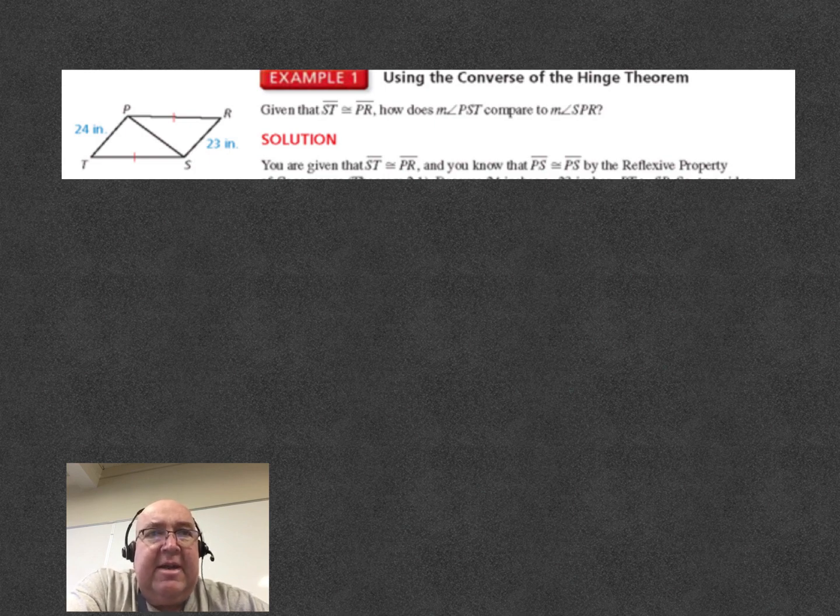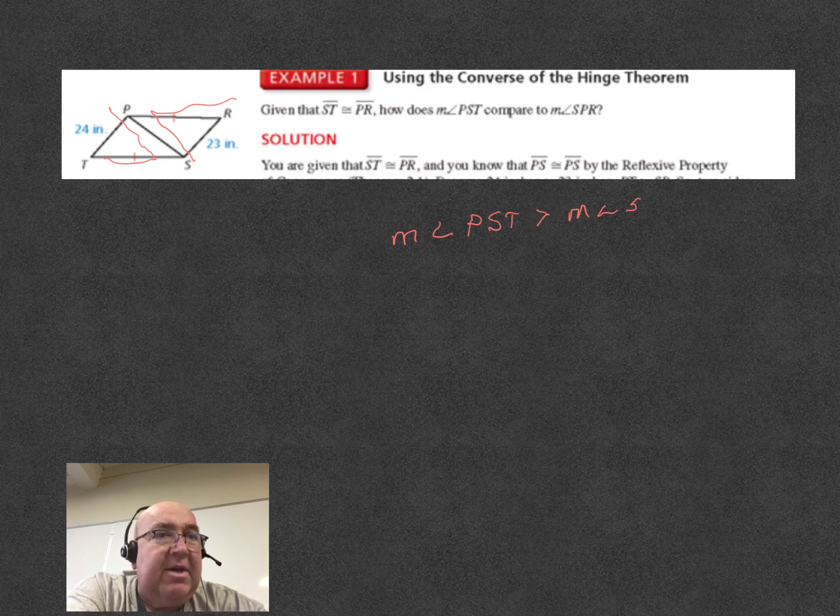So if we're looking at triangle PST, which is this one here, and triangle SPR, and we want to compare those, we know that the measure of triangle PST is going to be greater than the measure of SPR, and that's using that hinge theorem.